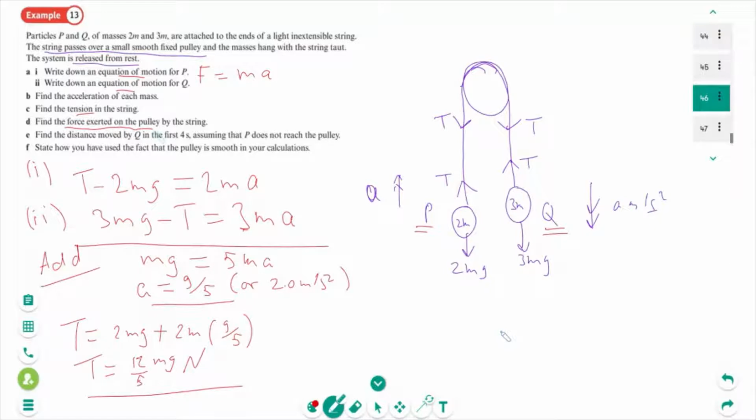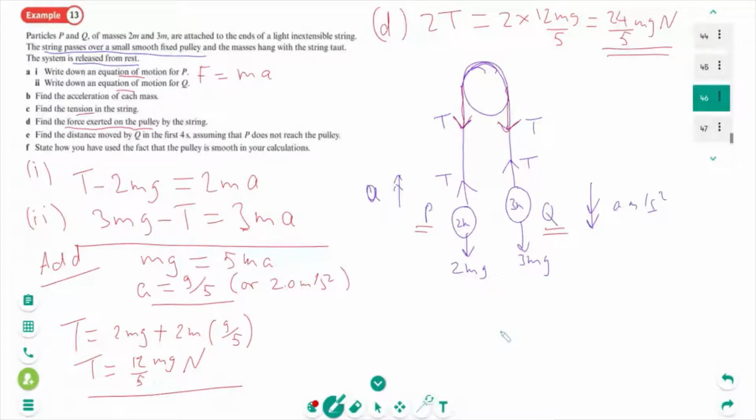From my diagram, my pulley only has two forces acting on it, T plus T. So to answer part D, the force on the pulley is just T plus T. So it's just 2 times 12 mg over 5, which is equal to 24 over 5 mg. That is the force on the pulley, T plus T.